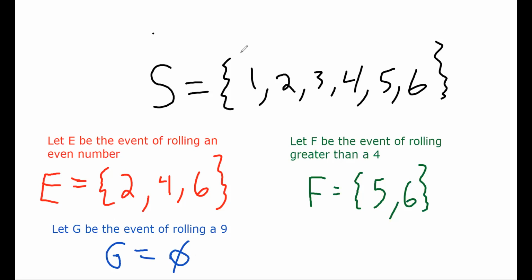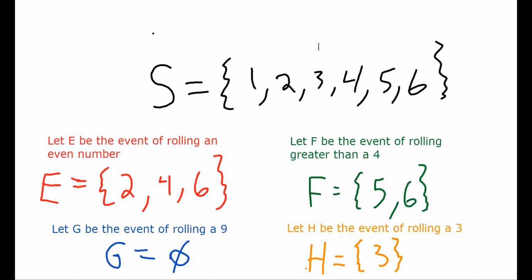And then finally, we could use H. Let H be the event of rolling a 3. So H, it's still a set. The only element in it is the number 3. It's still a subset of the sample space because the elements of H were pulled from the sample space.